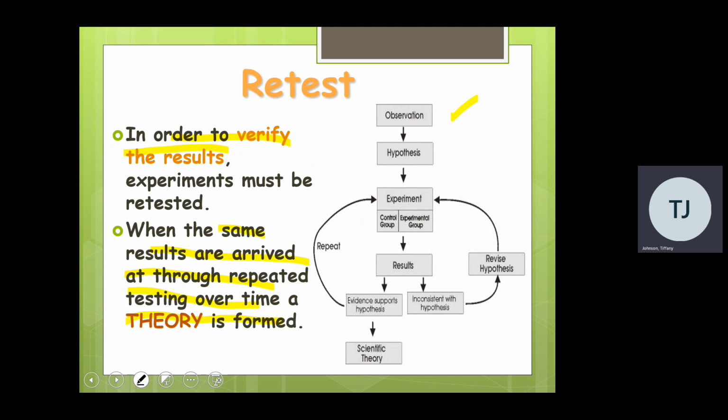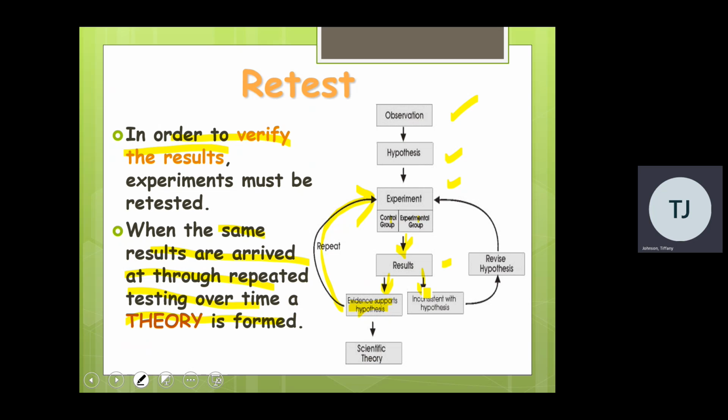So observation, hypothesis, experiment, you've got an experimental group and a control group. You get results. Either the hypothesis is supported and accepted, then you repeat and do this all over again, over and over and over again, right?